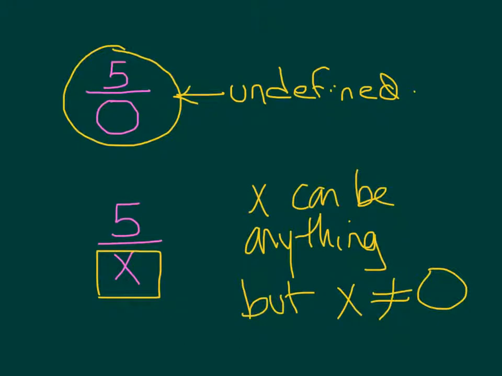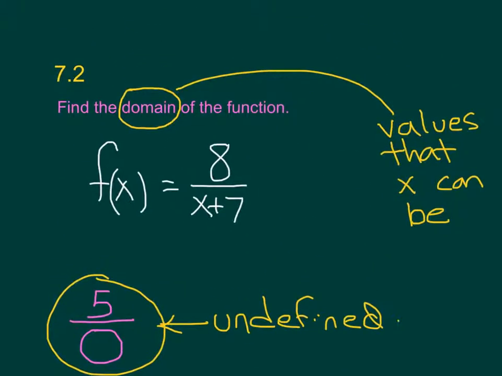So if we go back up, we've got this function f of x equals 8 over x plus 7. We've got a similar deal. This denominator cannot be equal to 0. So you might ask, what value, if we put it in for x, would make that denominator 0?